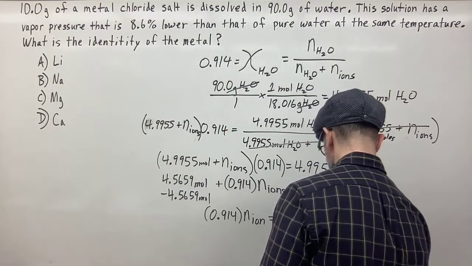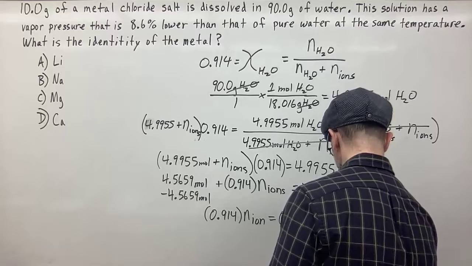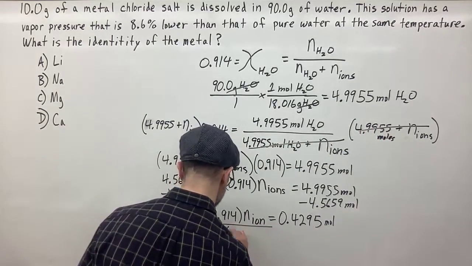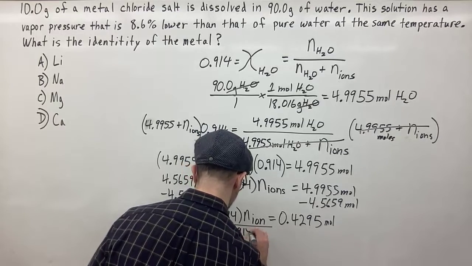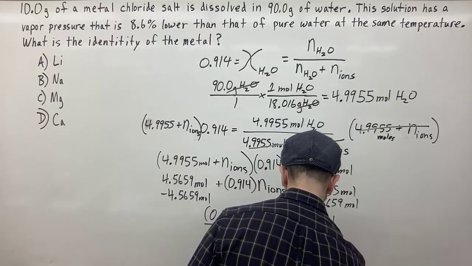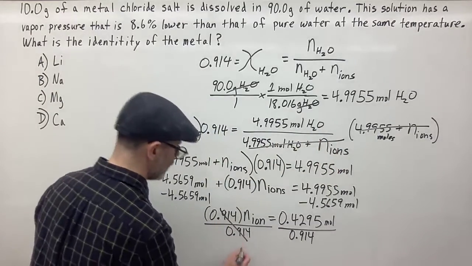And again, moles. So now all I need to do is divide both sides by 0.914. So that cancels out.